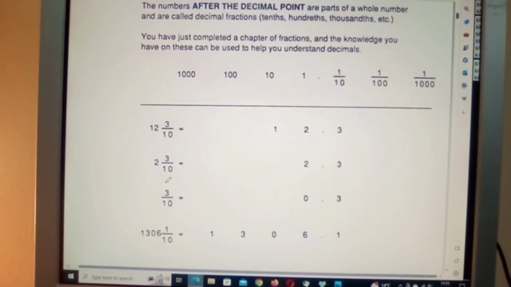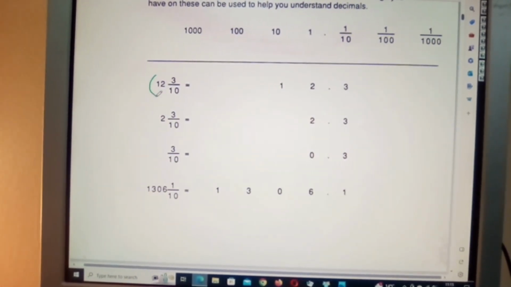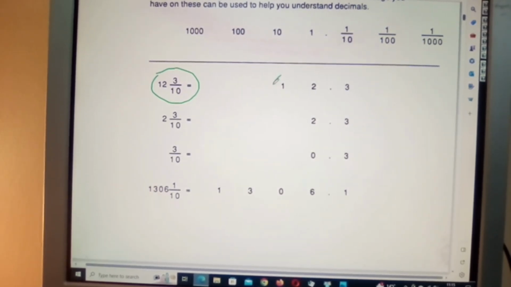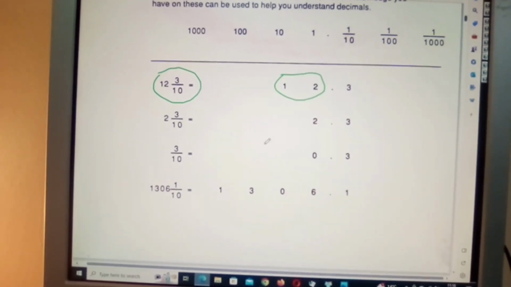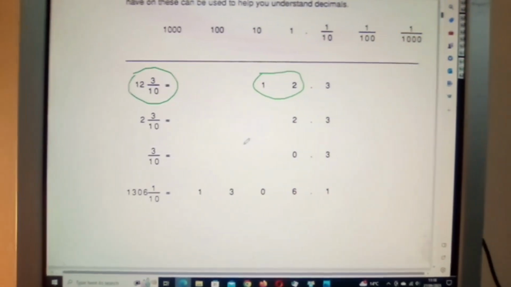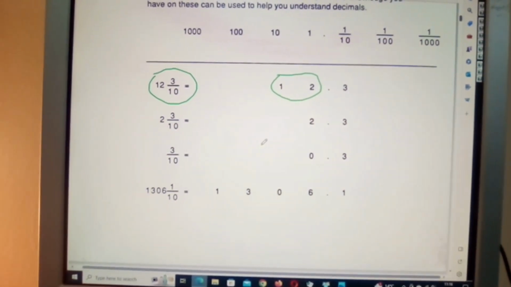So here what we're looking at now, we have 12 and 3/10 equals 12.3. Now here let's make sure that we got this.